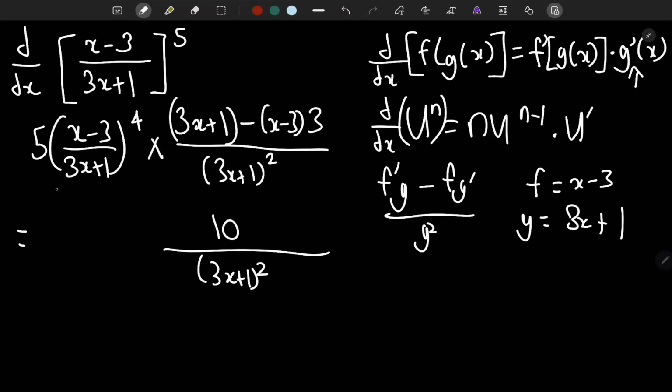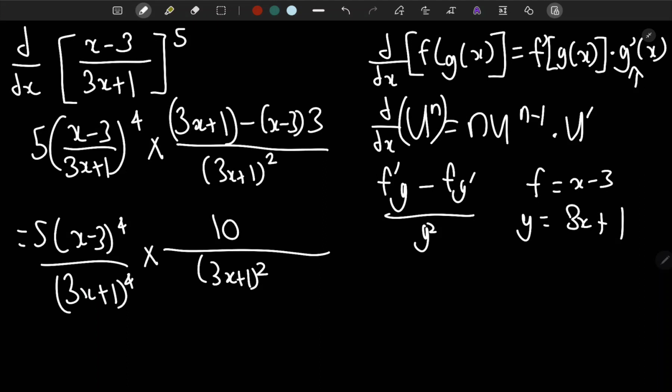So now let's simplify this part over here. What we can do here is, since the denominators are the same, we can distribute the power to the denominator and the numerator. So it's going to be 5 into (x minus 3) to the power of 4 over (3x plus 1) to the power of 4, and this is just multiplication.